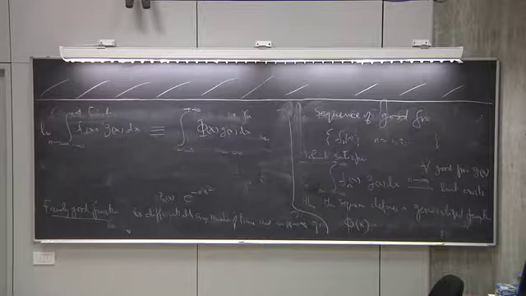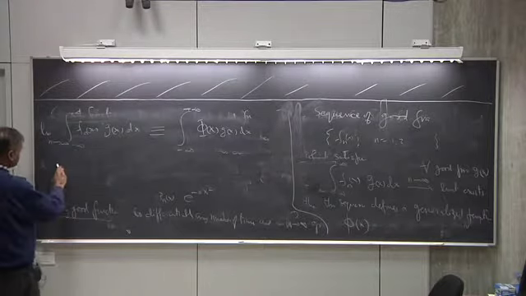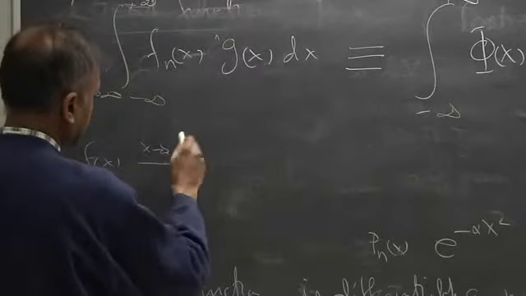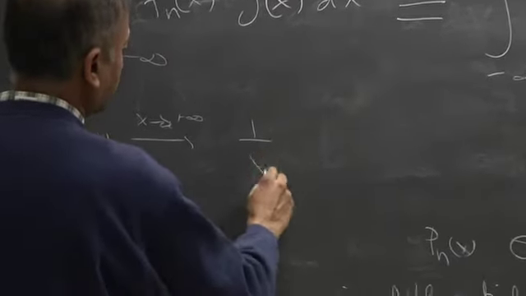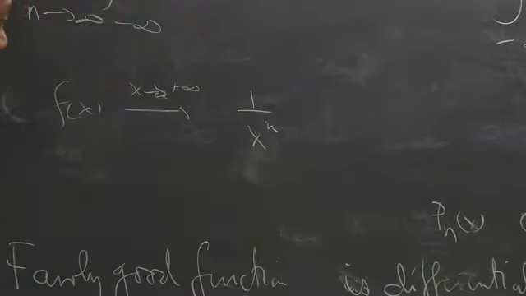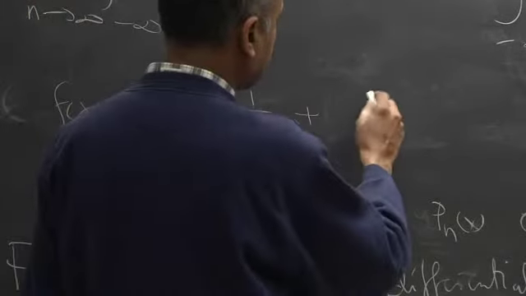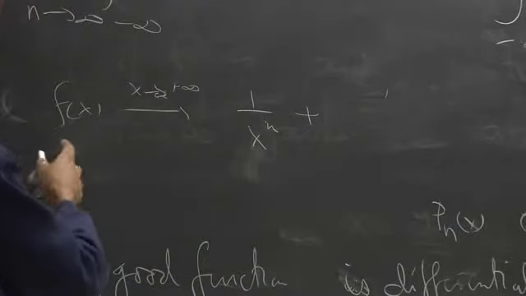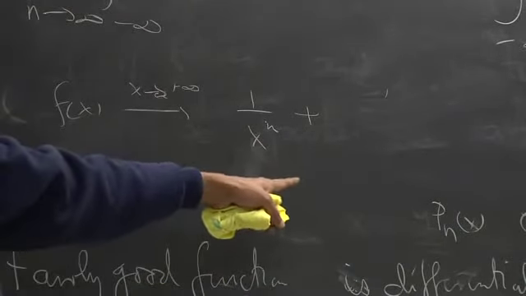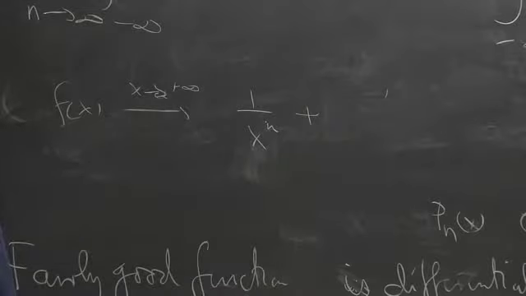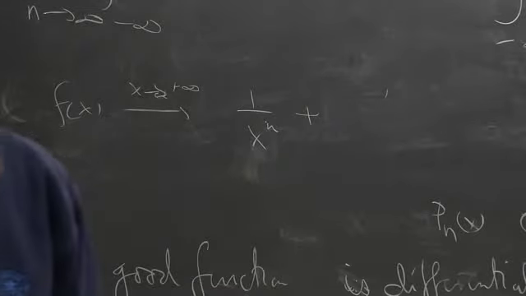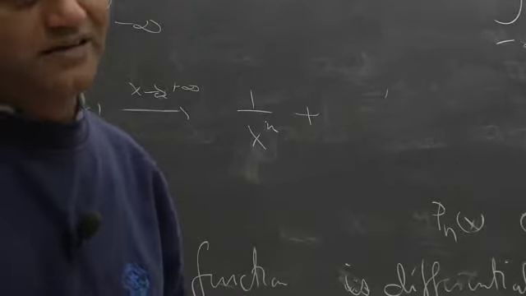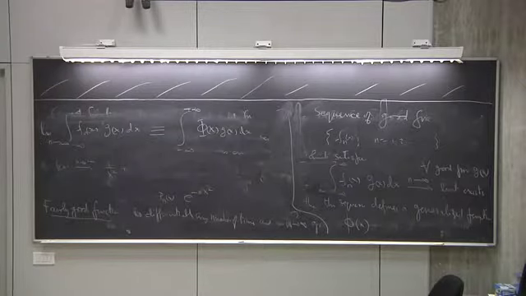Well, if asymptotically, as x goes to positive infinity, some function f of x goes like 1 over x to the n, then there will be subleading corrections in general. So I would say that df by dx will go like 1 over x to the n plus 1, right? So why do we need the condition? That's why I didn't add it in the beginning. It's almost obvious that it will be true.